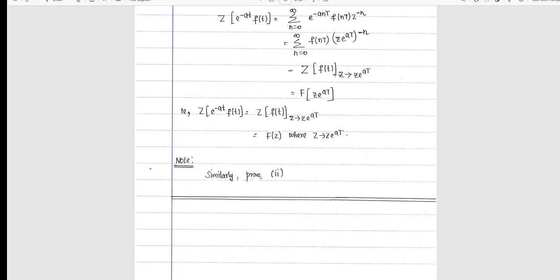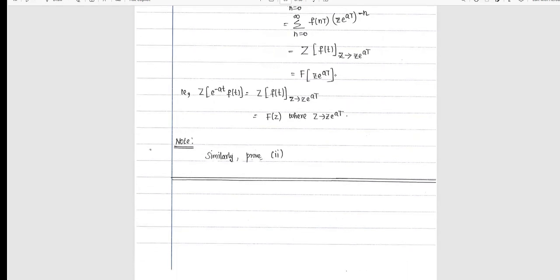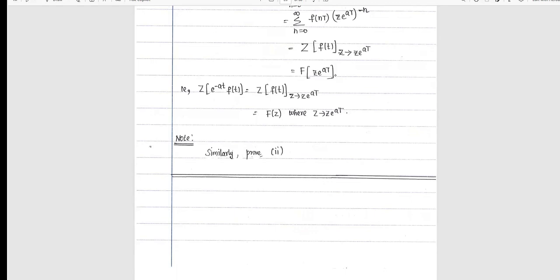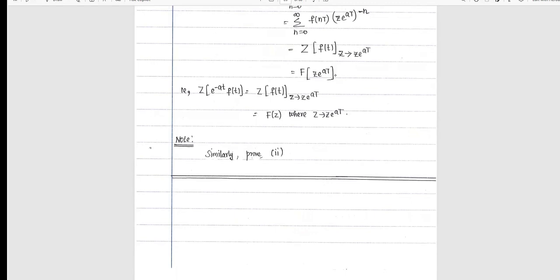You got this line? Just combine e to the power aT and z, because both have power minus n. Got it?